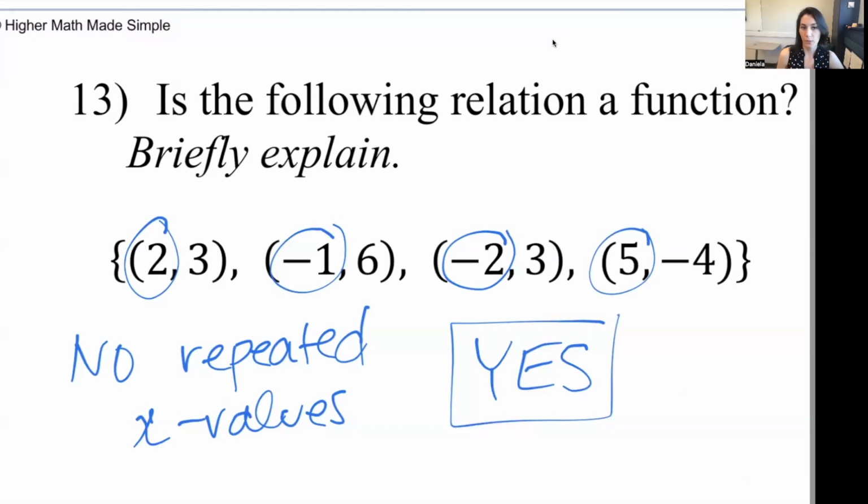In fancy language, it's a set of inputs, or x values, that has only one output each. Output is the y value. That's why people like to say, are there repeated x values or not? You can just put that as your answer.